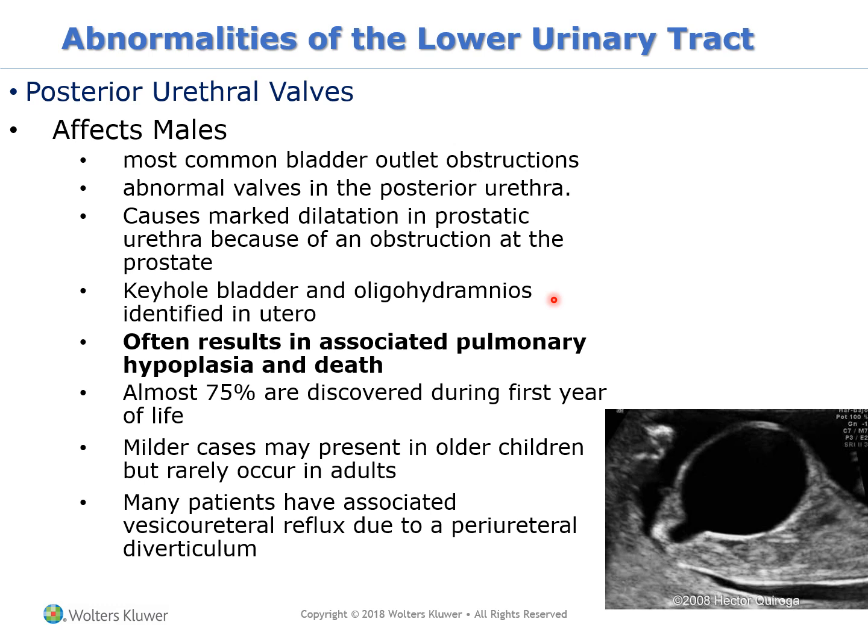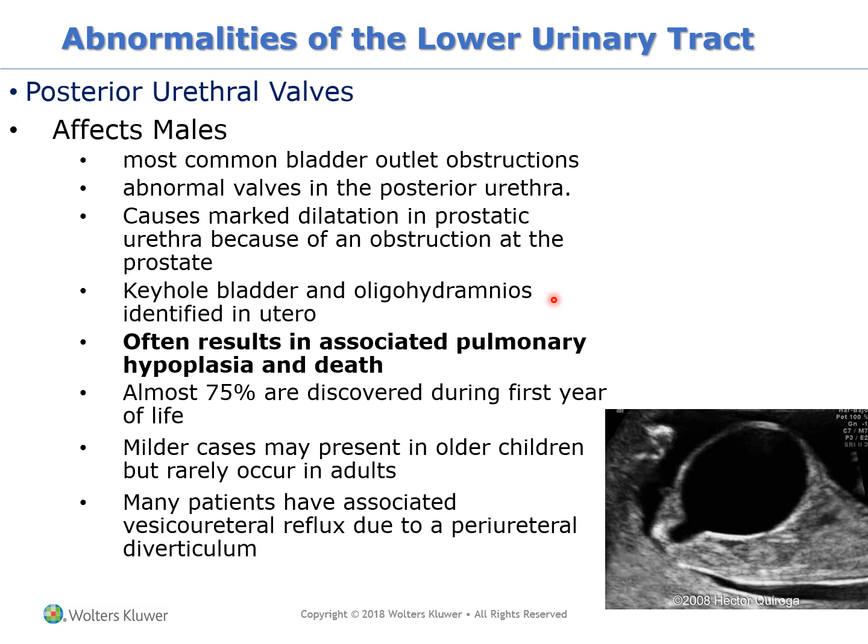Well, in utero, when we have little or no fluid, that means they can't do their breathing practice. And when they can't do their breathing practice, their lungs don't develop. So most of the time, if this is not addressed in utero, these little boy fetuses or little boy babies will pass due to pulmonary hypoplasia.